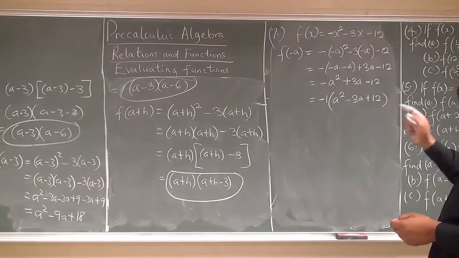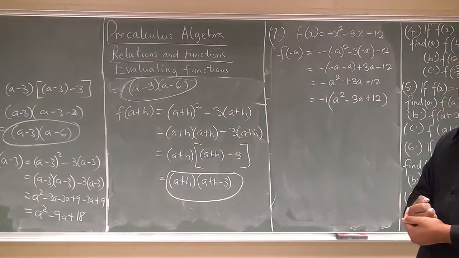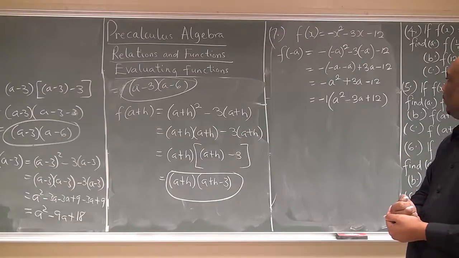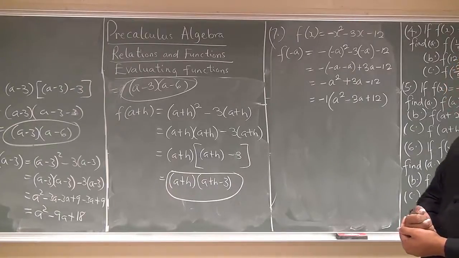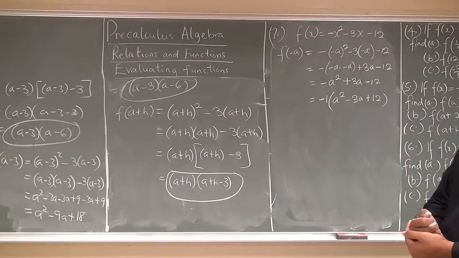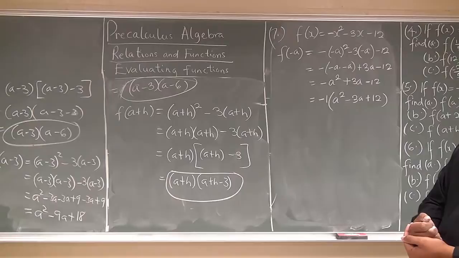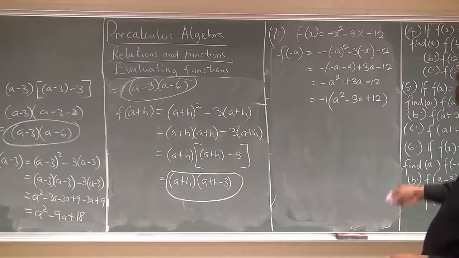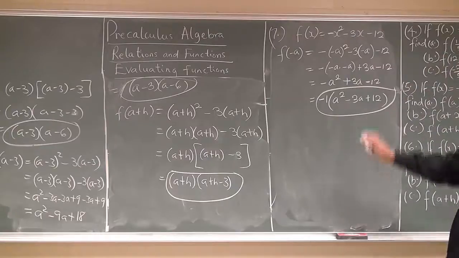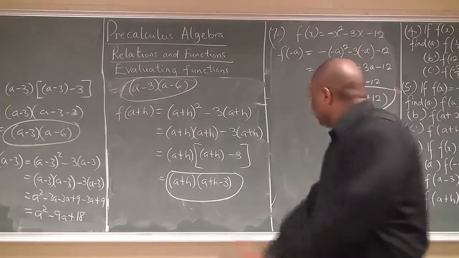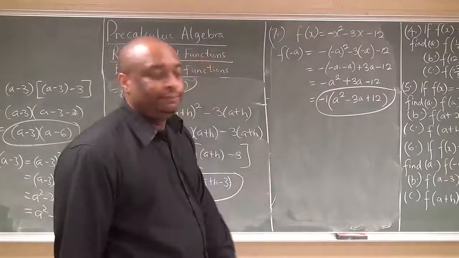Alright, can anything work now? 12 and a squared: 2 and 6 will not work, 3 and 4 will not work, 6 and 2, no. 12 and 1 will not work. So you pretty much leave your answer like this. You can't factor it anymore, so you leave your answer like that.